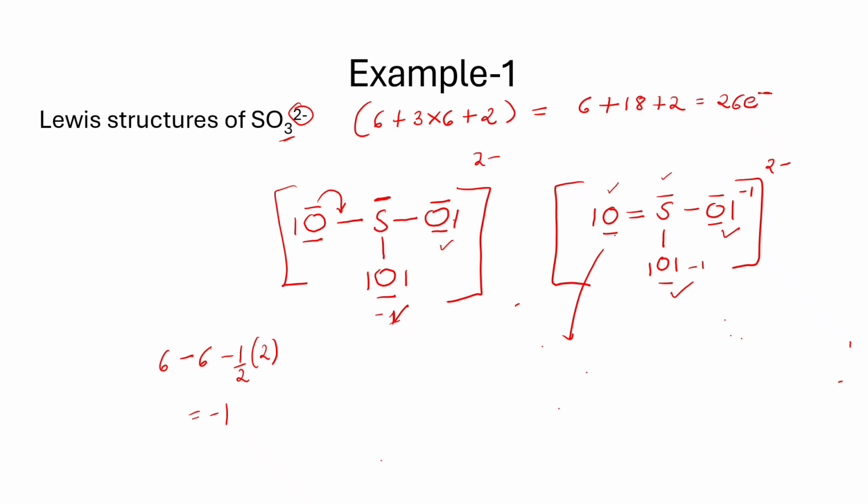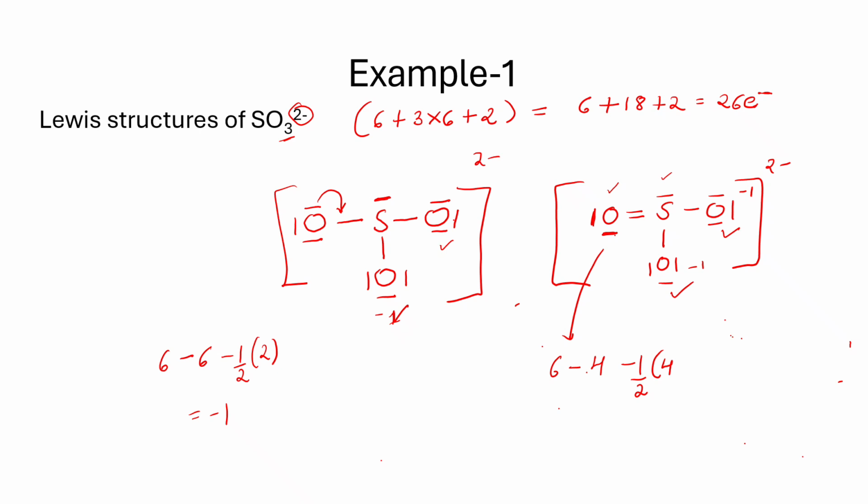So here we have 6 valence electrons minus the number of non-bonding electrons, which have now reduced to 4 because there are only two lone pairs of electrons. And then this oxygen is making a double bond, which means that there are 4 bonding electrons.